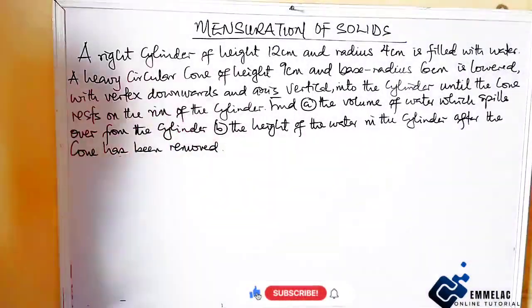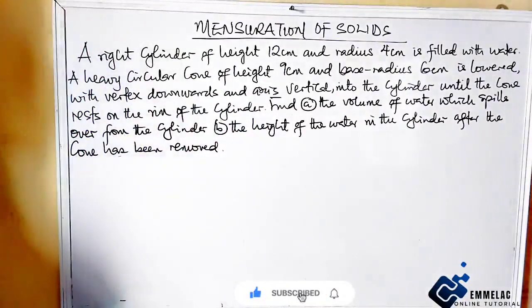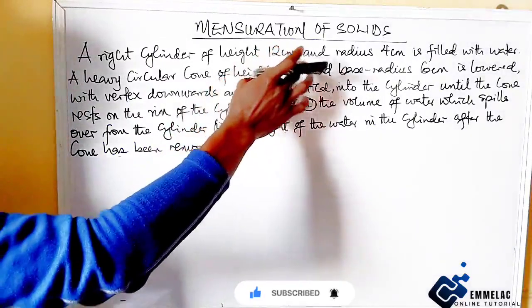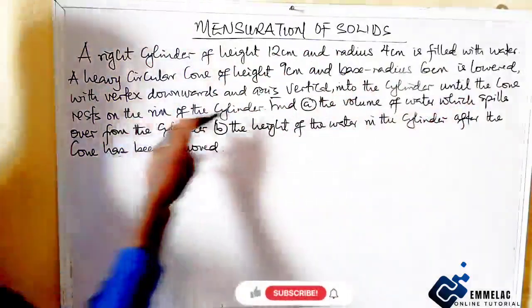Before us is this question in mensuration of solids, and it said a right cylinder of height 12 centimeter and radius 4 centimeter is filled with water.